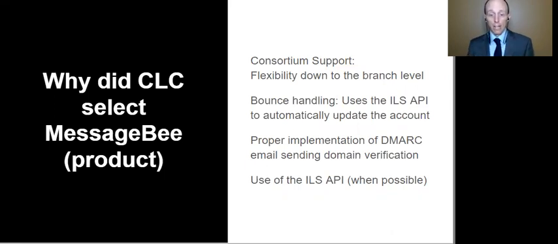So it was very important that the product be able to have that degree of flexibility of customization. Talked a little bit about bounce handling, but one of the things that we really needed, because we'd had it for a long time, was the ability for the system to automatically handle what happens if an email bounces. And again, Mike will touch on that a little bit later.